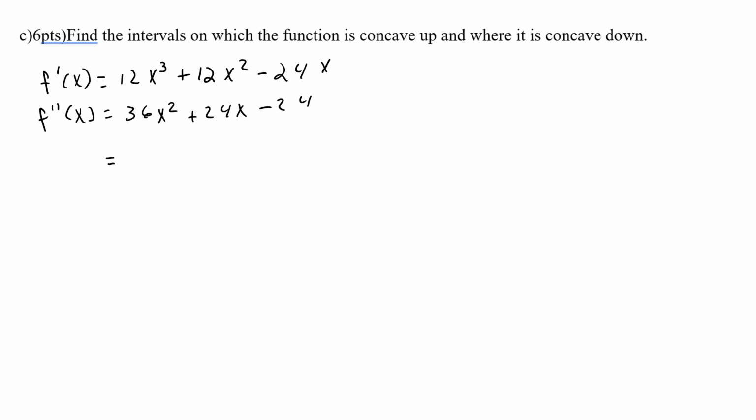And so then again, we can see that we have a factor of 12 in there. So we can factor out the 12. And that leaves 12 times 3x squared plus 2x minus 2.